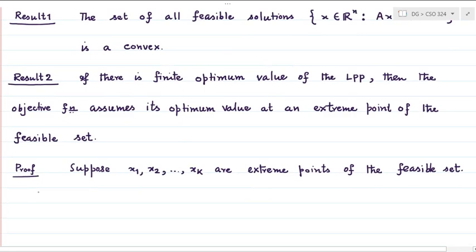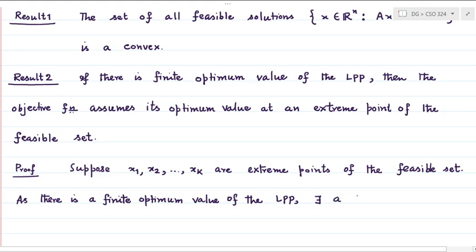So by assumption, as there is a finite optimum value of the LPP, there exists a feasible point. By feasible point, I mean a point in the feasible set.